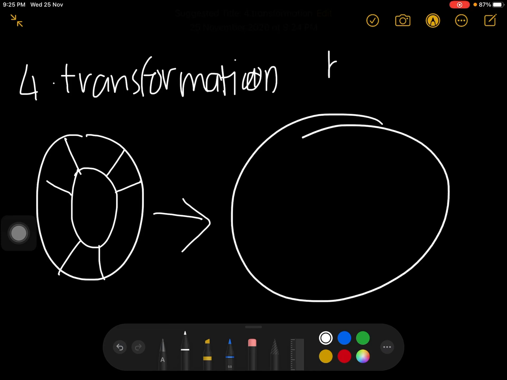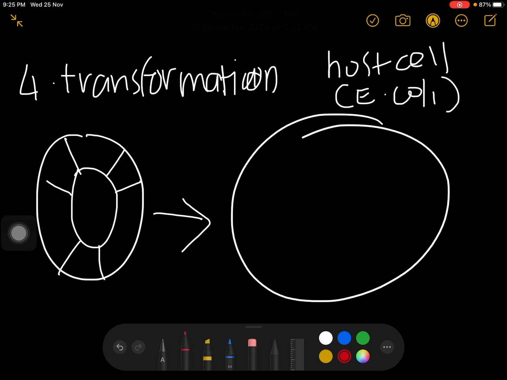This is a host cell, which is E. coli. This is a recombinant DNA.